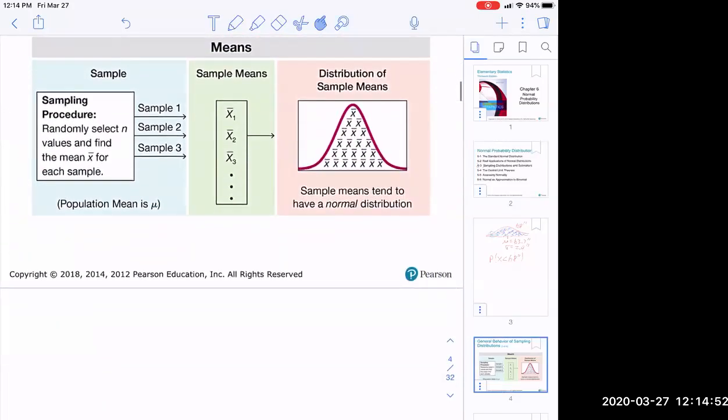So look at this. This looks different. We have a normal distribution here, but look, it's now built around sample means. So think of what you did in that little quiz with 6.3. Everybody took a bunch of samples.